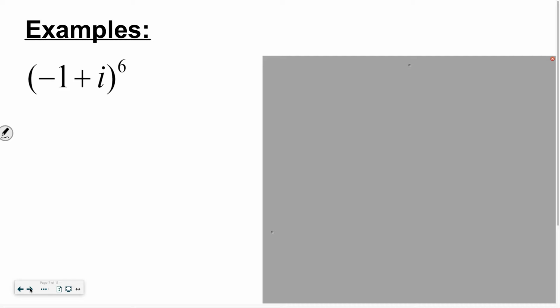Okay, now here's what you want to be thinking about when you're in this section 6.5. What form is your complex number currently written in? Standard form. So think about what I have over there on the side board. This represents an a plus bi, where a is negative 1, that's my real part. bi is 1i, so b is 1. That's my imaginary part.